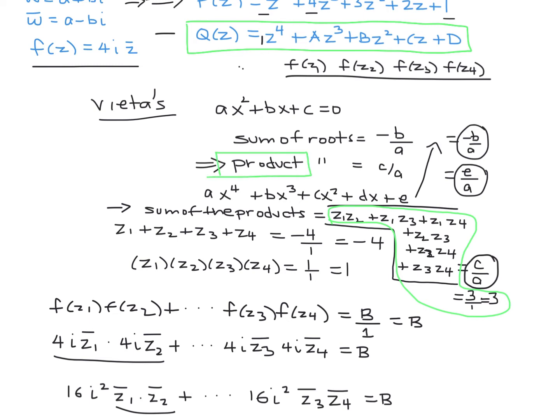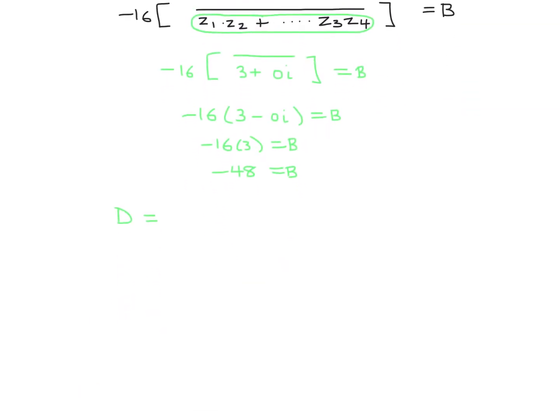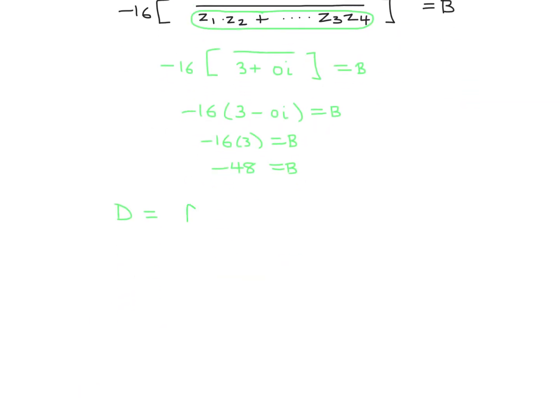So the product of the roots, which are these guys, which essentially would just be f at z1 times f at z2 times f at z3 times f at z4, would be this formula right here, E over A. So in this case, it would be D over 1, which is, of course, just D. So D is the product of those. So that's how we're going to figure out D. So D is f at z1 times f at z2 times f at z3 times f at z4, like that.